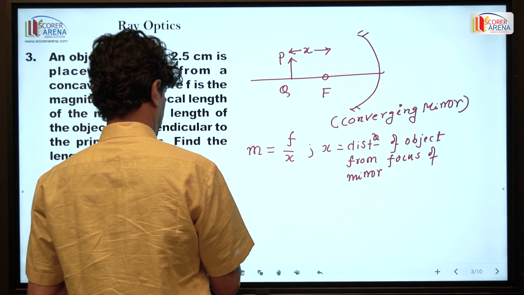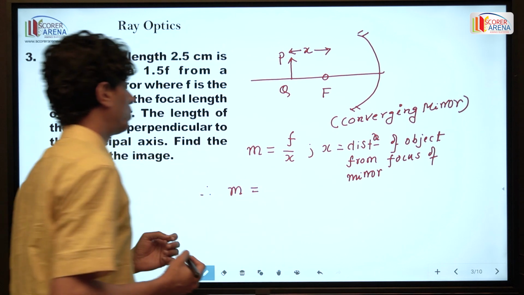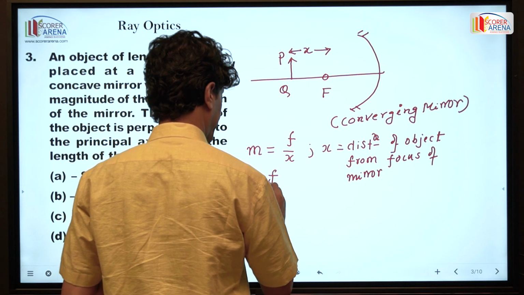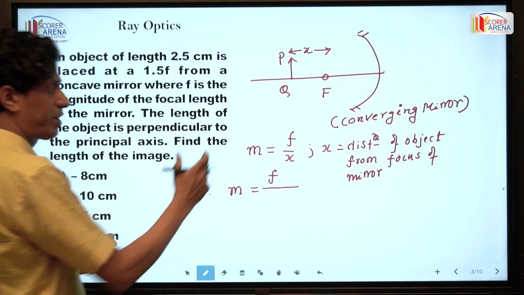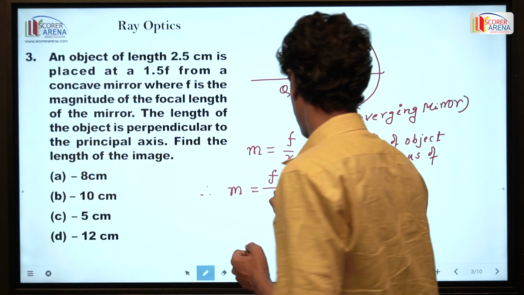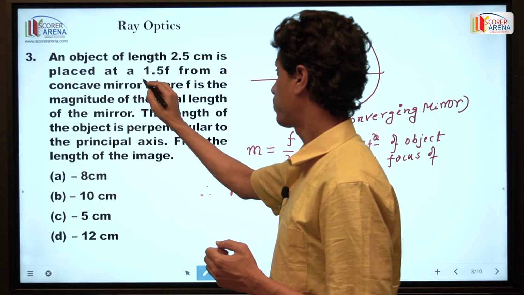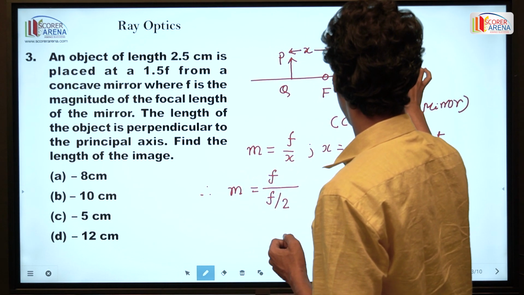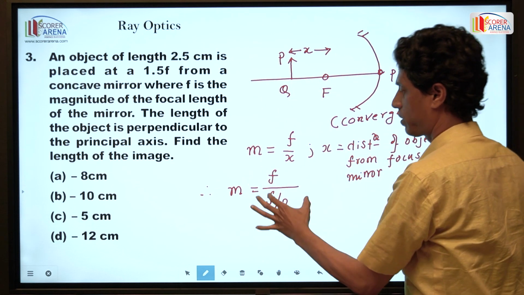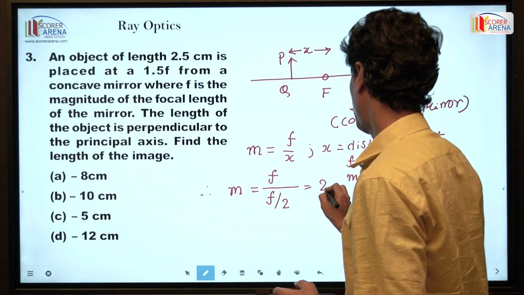So therefore if m equal to magnification, focal length is f and distance of object from focus is actually f by 2, because distance from the pole of the mirror of the object is 1.5 f, so distance from focus is f by 2. So magnification is 2.